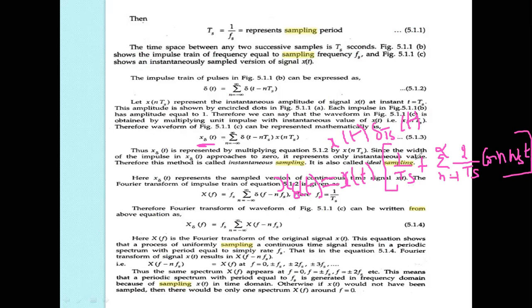By using the trigonometric function, we got 1 by Ts as A0 plus sum of n is equal to 1 to infinity 2 by Ts cos n omega s t.